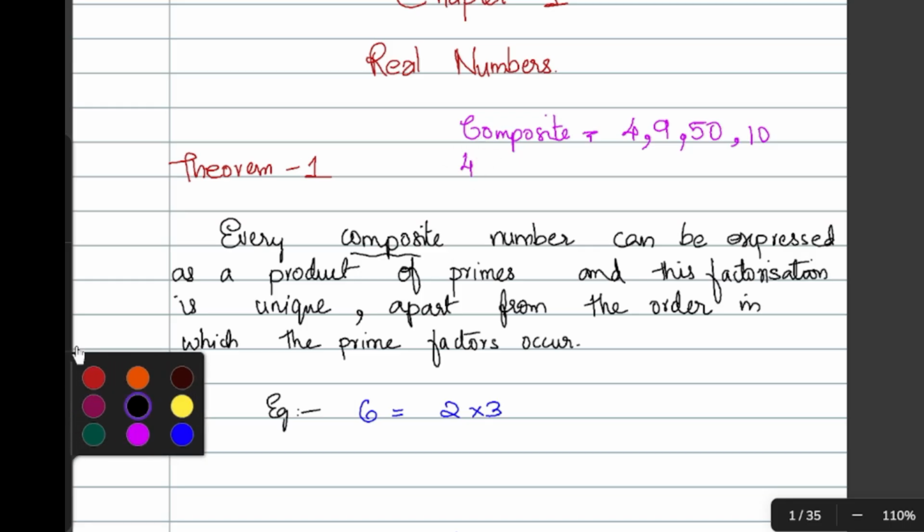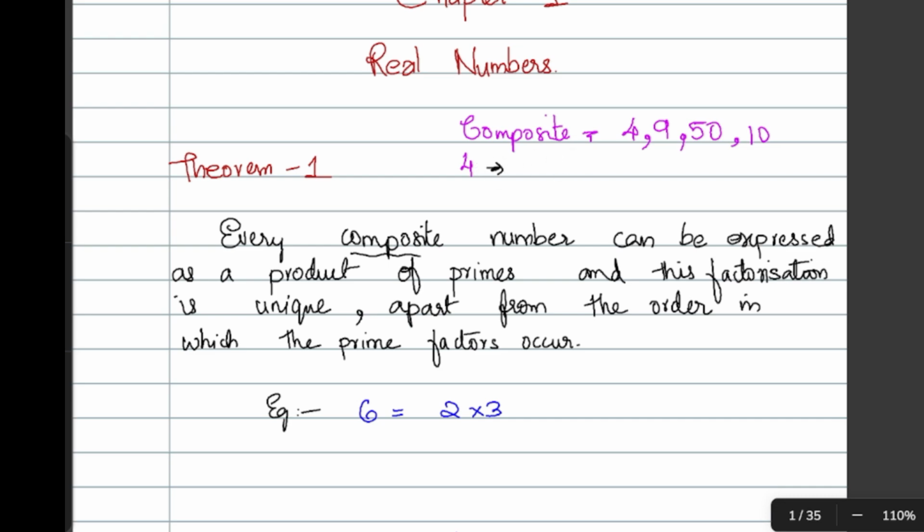How many factors does the number 4 have? What are the factors of 4? 4 can be written as 4 into 1 equal to 4, and then 2 into 2 equal to 4. So the factors are 1, 2 and 4.